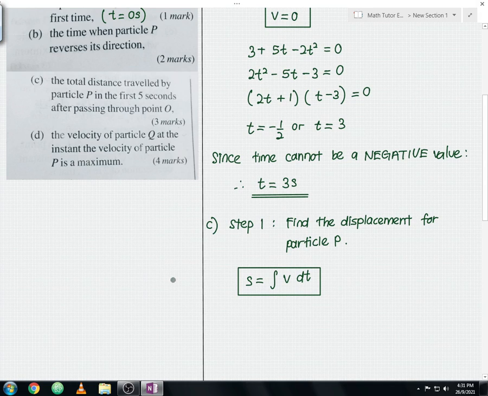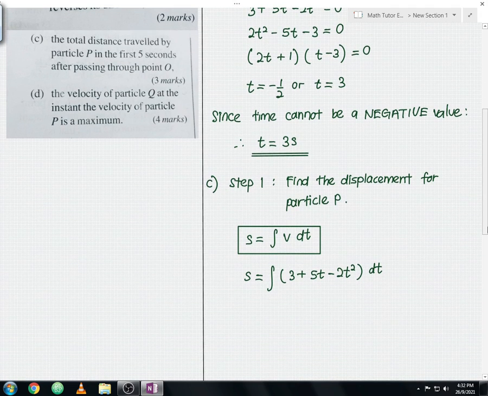So from here, s is equal to the integral of, let me substitute the velocity equation into the working here. Given that the velocity of particle P is (3 plus 5t minus 2t squared) with respect to dt. Let us continue.